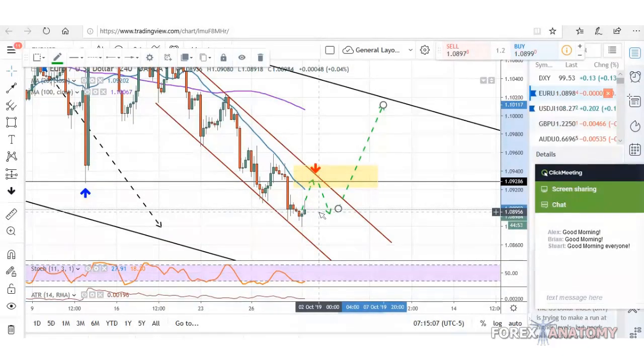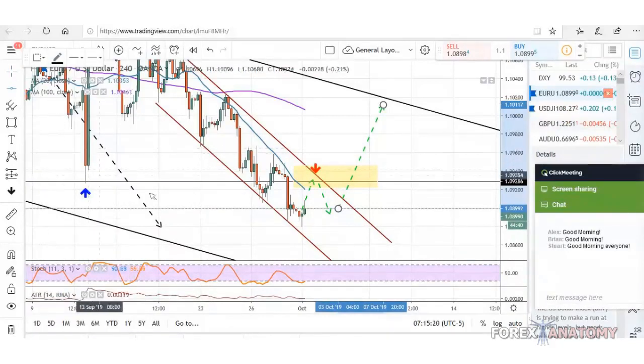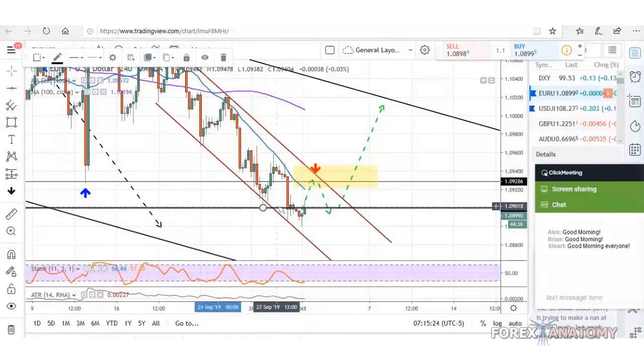It's up to you, because just because we say that price may find support in this area doesn't mean that support will hold. The reason why we're saying that is because this whole area is an area of psychological institutional support. At the 1.09 level, right around here, there's a possibility that we may see price consolidate around here before it pushes higher.